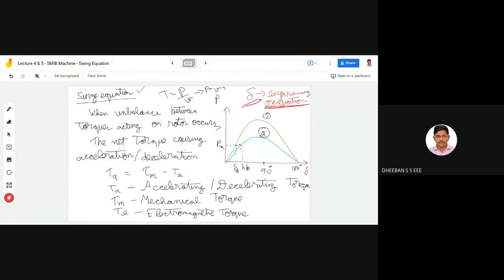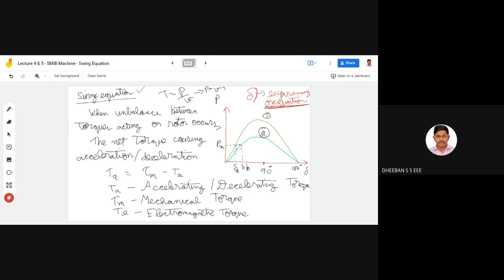We have already seen, and particularly for that disturbance, this rotor angle is the rotation of the rotor with respect to the center of your shaft and your rotor. That corresponds to your rotor angle, and if there is any oscillation in that rotor angle, it can be determined as a mathematical equation through this swing equation.